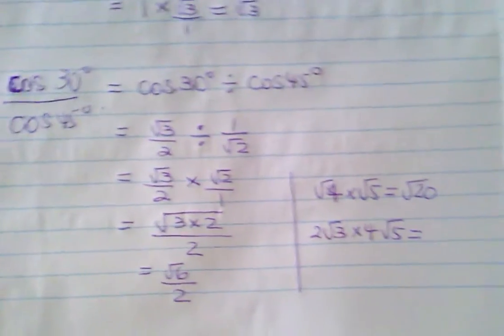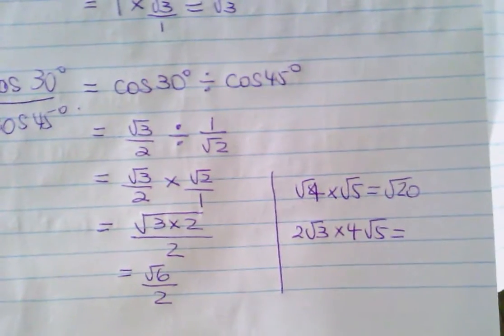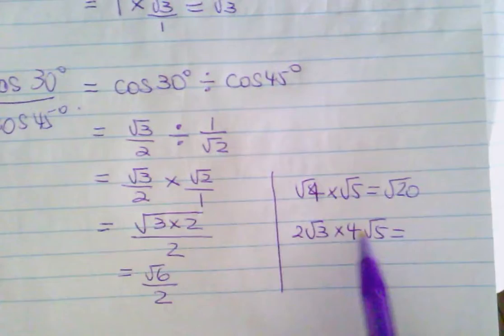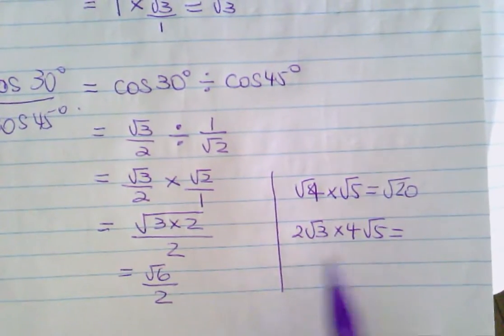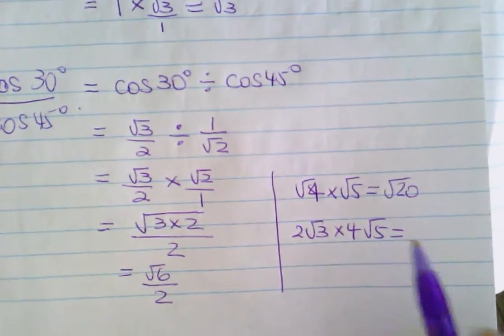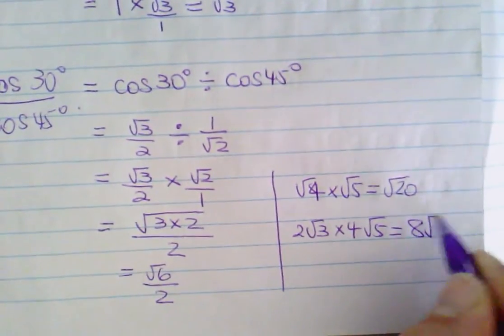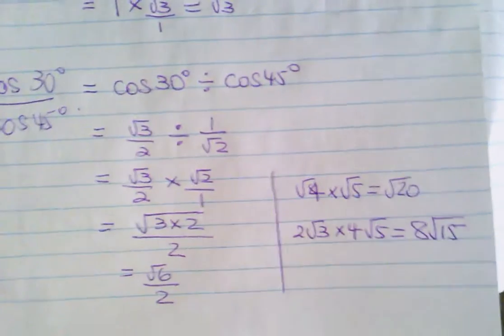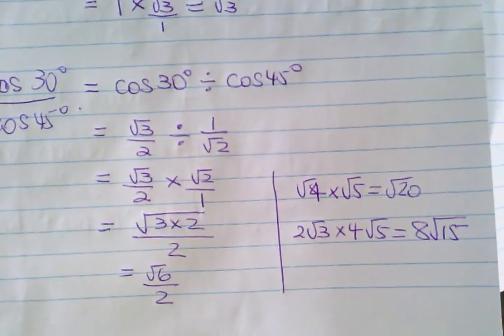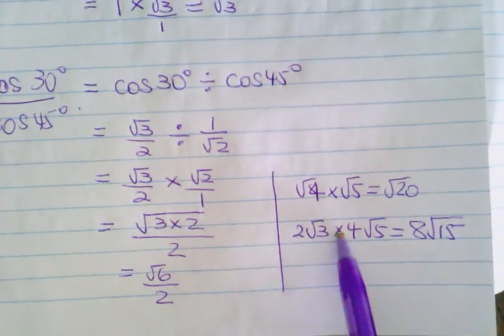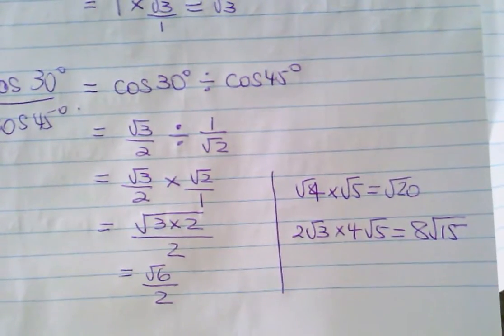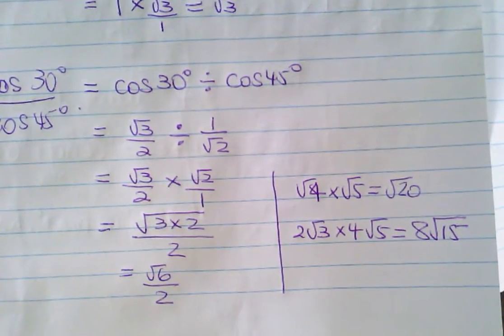You haven't learnt it, but it's very easy. You multiply the whole numbers. That makes sense, doesn't it? 2 times 4 is 8. And the square root of 3 times the square root of 5 is the square root of 15. So when you're multiplying these, which are called surds, you just multiply the whole numbers, and multiply the surd bits. Does it make sense? All right.